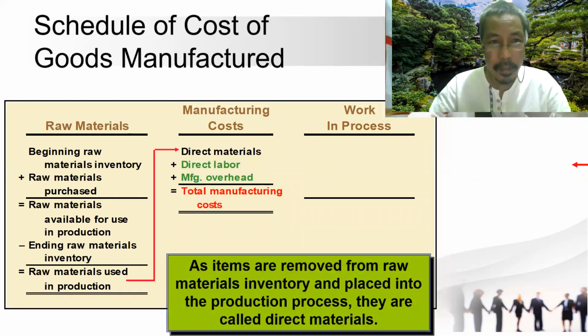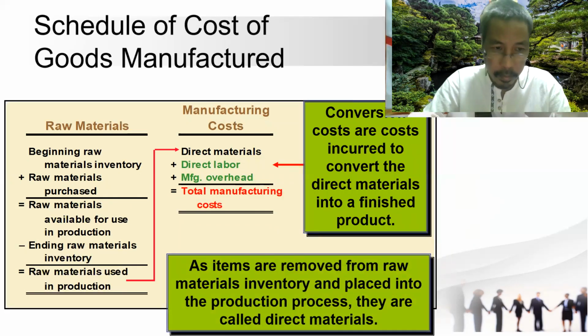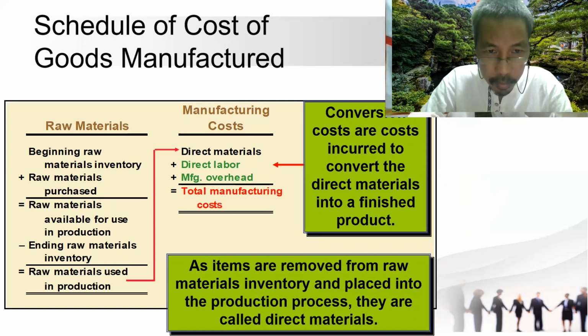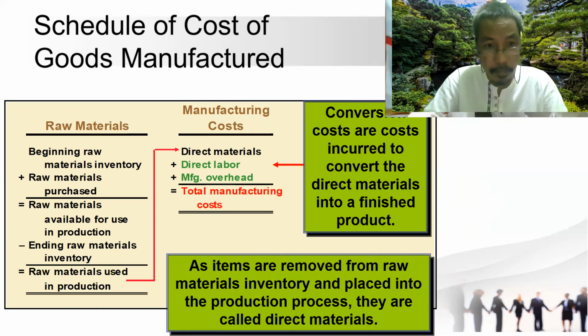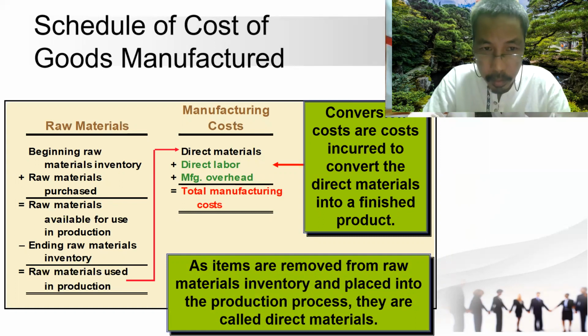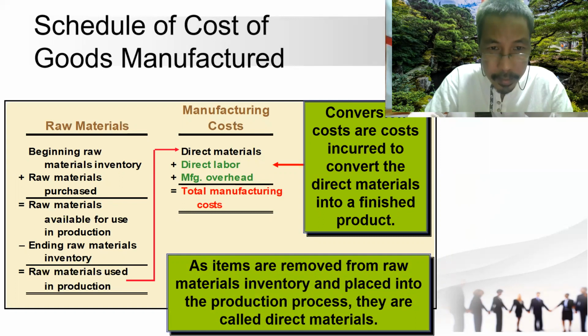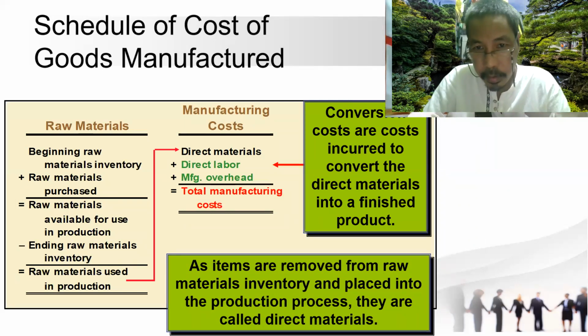Now let us continue. So for manufacturing cost, therefore, we can use that direct material. So how much is our raw material used in production? Then how about adding the direct labor with conversion cost, or cost incurred to convert the direct materials into finished product.